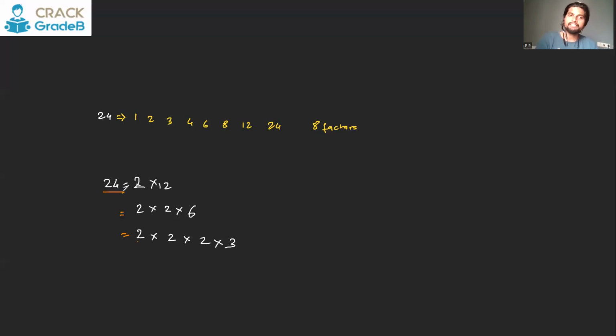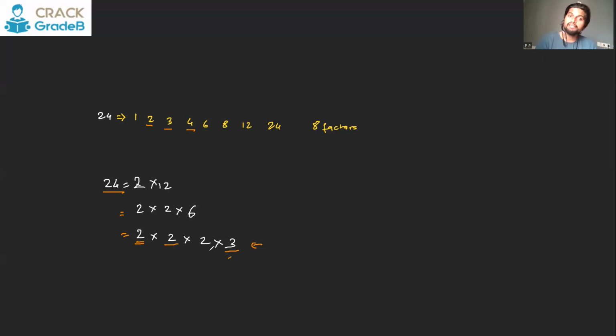The factors of 24 can be made by this product here. If you pick only one of the twos, you will have one factor, that is 2. If you pick the only 3, we'll have another factor, that is 3. If you pick two twos, 2 and 2, we'll have 2 into 2, 4 as a factor.